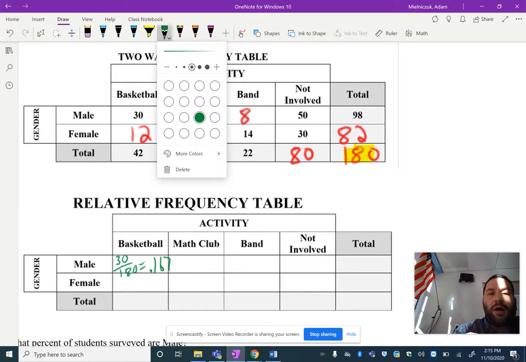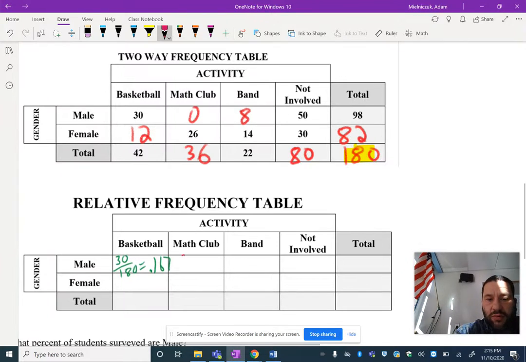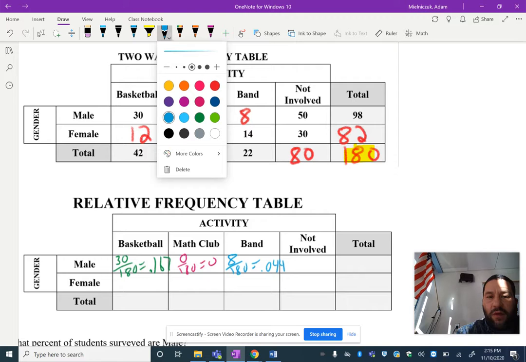The math club is 0 there. So 0 out of 180 equals 0. For the band, we would take the 8 and divide that by 180. 8 divided by 180 gives us approximately 0.044. And then who was not involved?